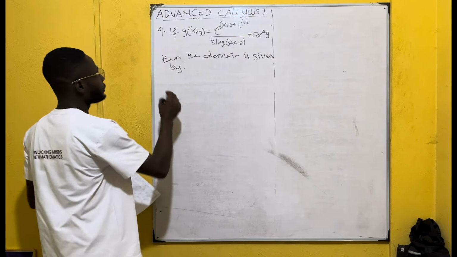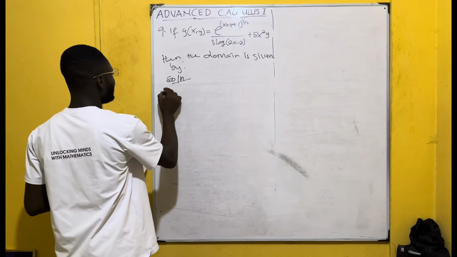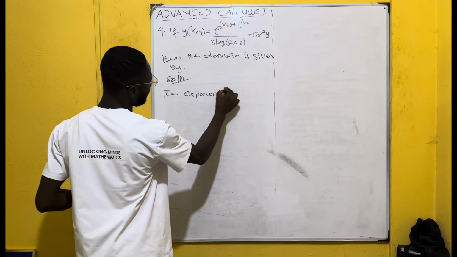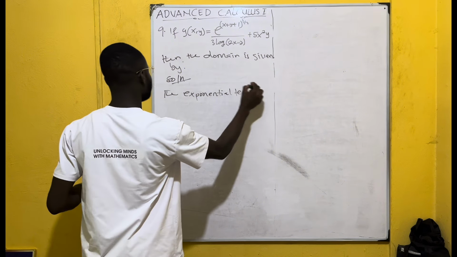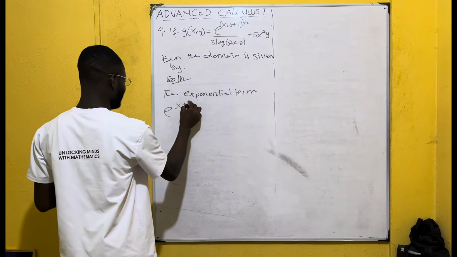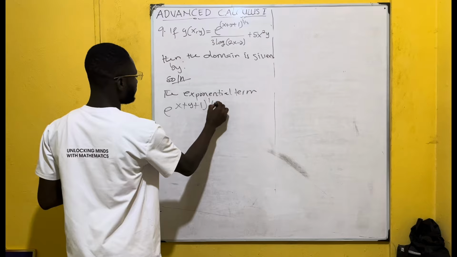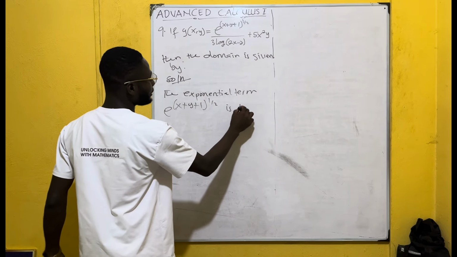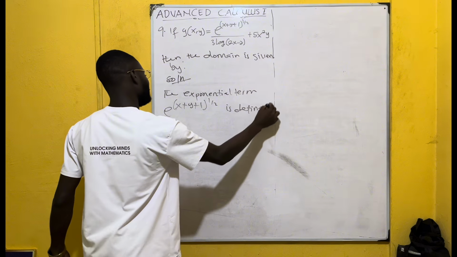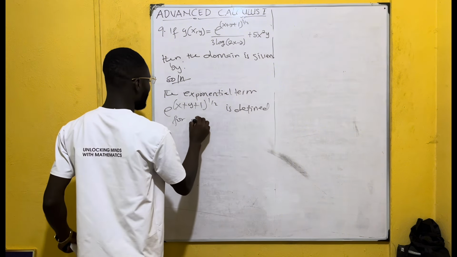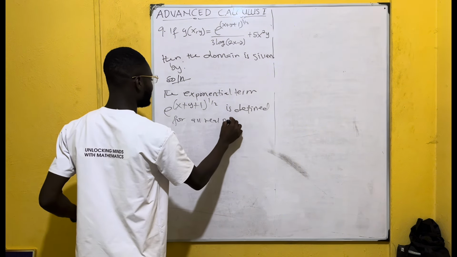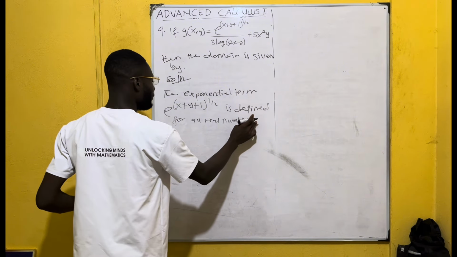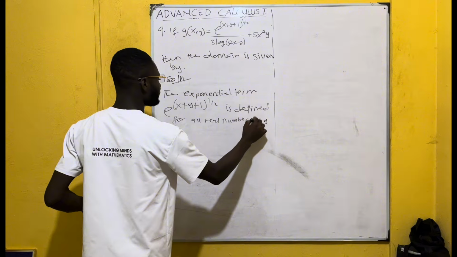So solution, the exponential term e to the power x plus y plus 1 to the power half is defined for all real numbers, or for all real numbers of what? x and y.